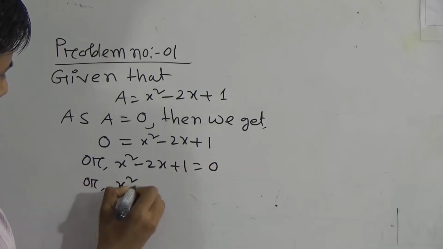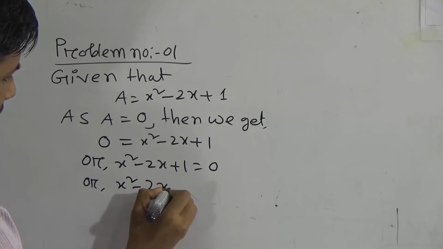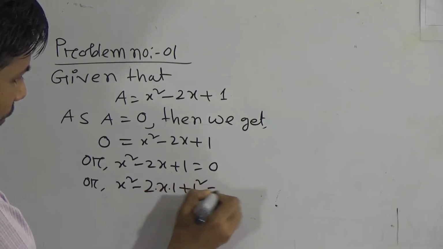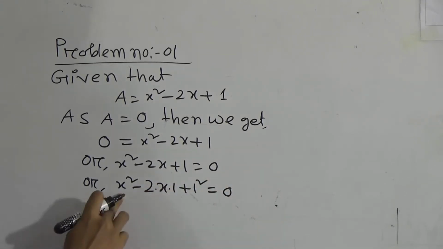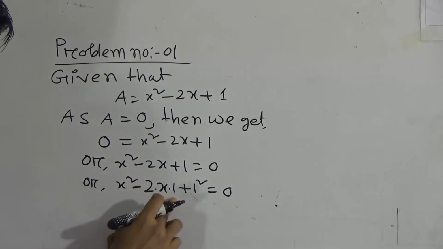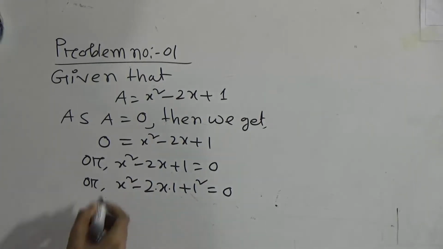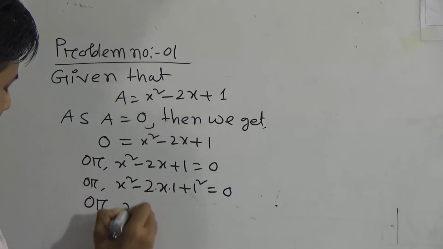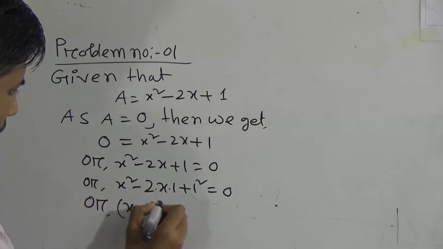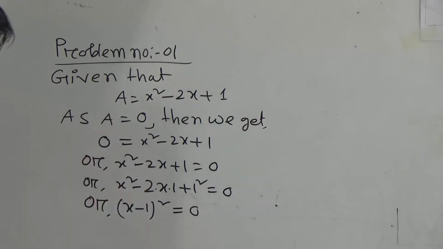Now x square minus 2x plus 1, you see, this is a square minus 2ab plus b square. You can write the formula: x minus 1 whole square equal to 0.